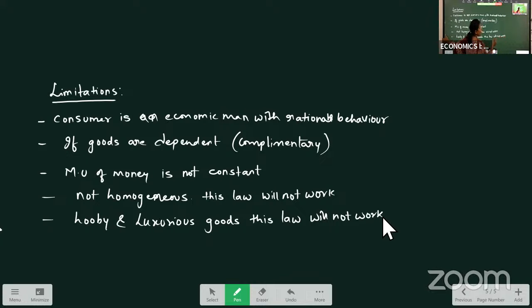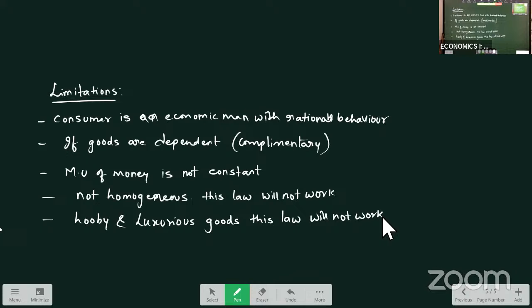Because in case of hobby, as we do more and more, we get more satisfaction. Our satisfaction will not come down. For example, you have a hobby of playing mobile games. As you play more and more, you will get more satisfaction. So this law is not applicable in case of luxurious goods also, like diamonds, cars and all. As we have more and more, our satisfaction will not decrease. So it is against our law. This law will not work in this case, right?